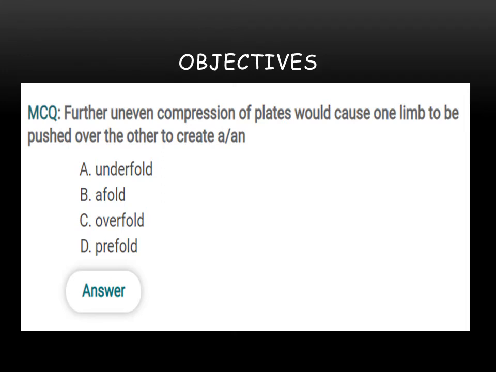Another one is: further uneven compression of plates would cause one limb to be pushed over the other to create an underfold, a fold, overfold, or prefold. We have four options. So here the answer is overfold. This is option C, overfold.